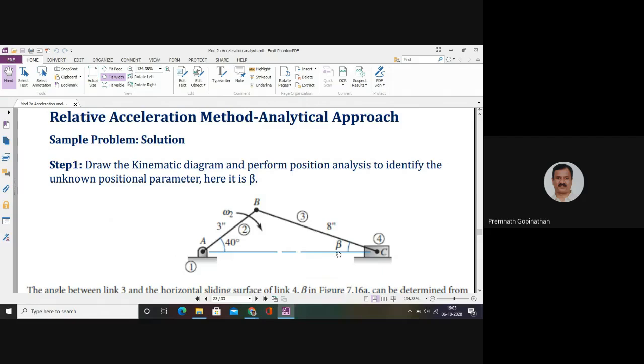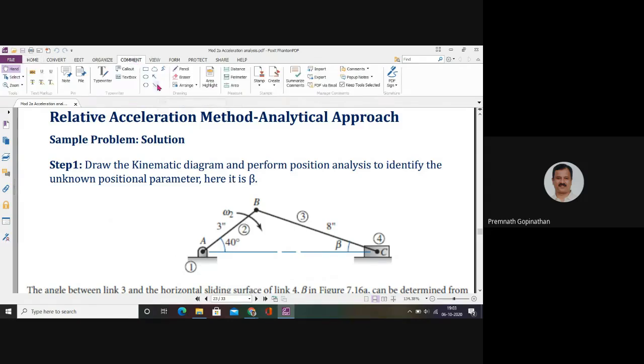So for doing the position analysis, you can just consider this particular larger triangle ABC. You can segregate it into two smaller triangles. You can do that by considering a perpendicular from B onto the side AC, right?